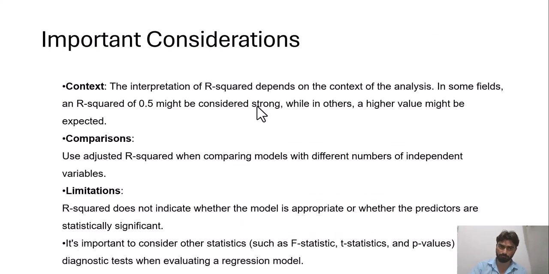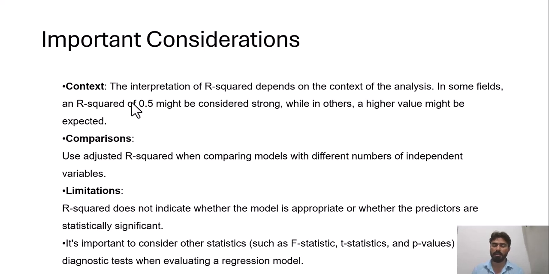So coming to the last slide, what is meant by the importance or consideration of R-square? First of all, in terms of context, different studies prefer different values. In some studies we prefer that R-square should be greater than 0.80 or greater than 0.7, but in different scenarios it depends on what type of study you are doing.